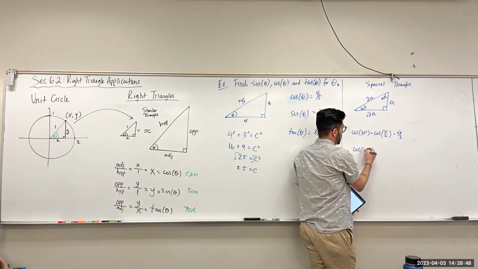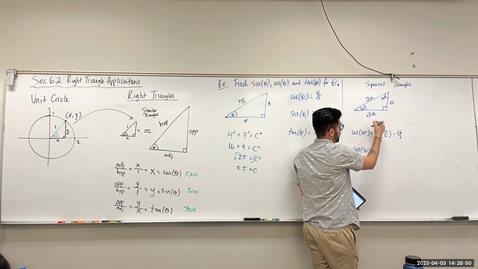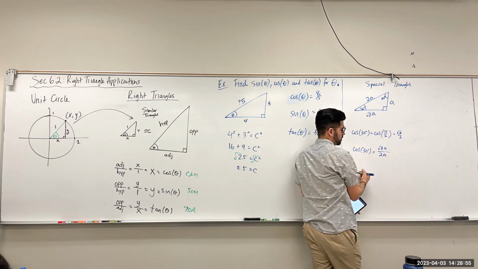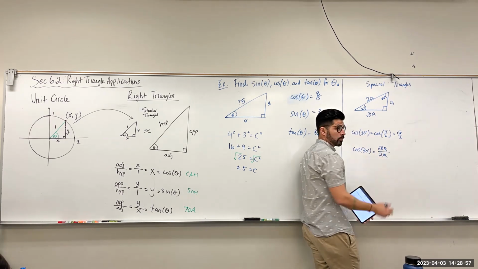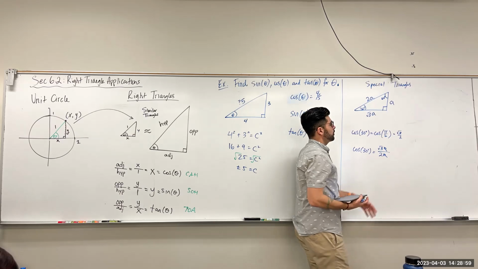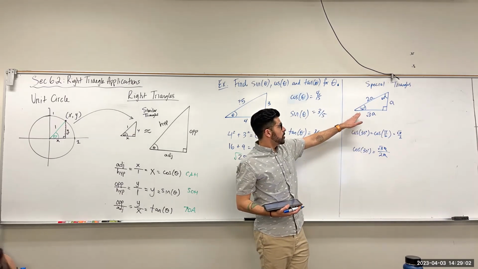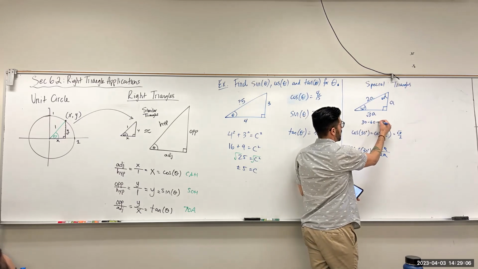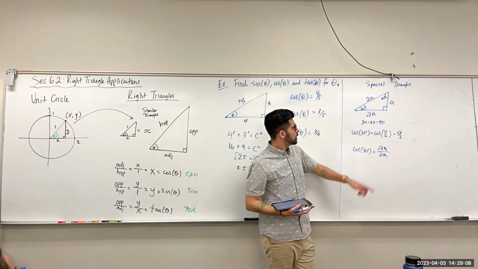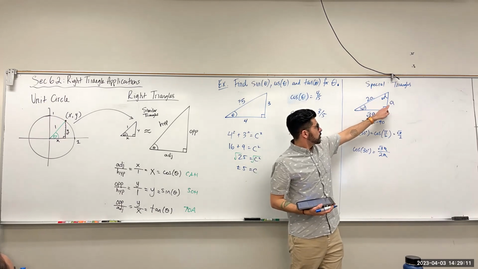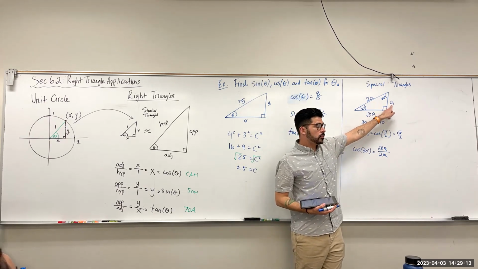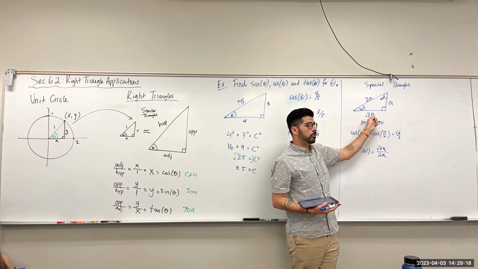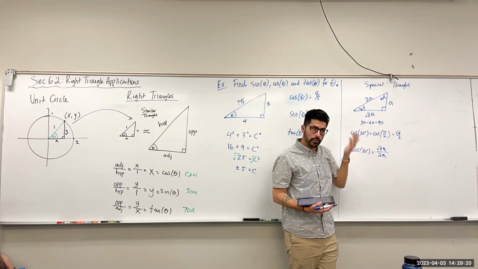Cosine of 30 degrees is adjacent root 3a over 2a. The a's cancel, √3/2. So if you're wondering what she was asking, when you have a special triangle called a 30-60-90 triangle, whatever the length of the short side is, you double that to give you the length of the hypotenuse. And then you multiply it by √3 to give you the length of the other side. I think that's what you're referring to, right?